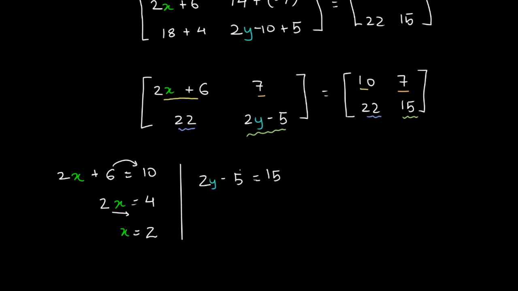So I have minus 5 on this side, take it to the other side, becomes plus 5. So I'll get 2y is equal to 15 plus 5, which is 20. I have a 2 multiplication here, take it to the other side, becomes division. So y is equal to 20 upon 2, which is 10. So this here is the value for y.